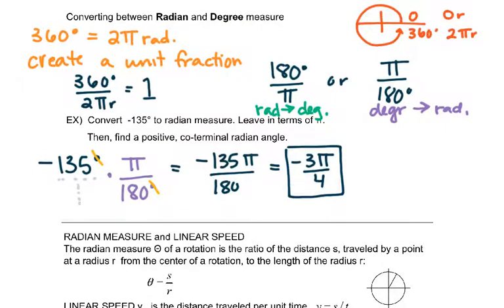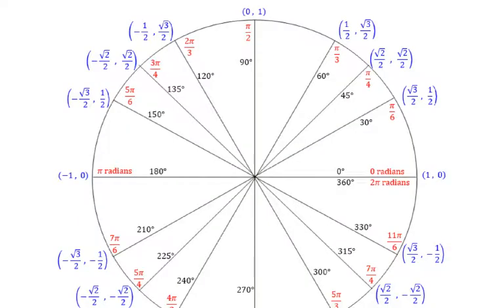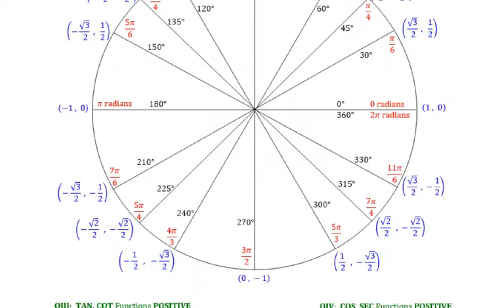So what we have is an equivalent radian measure for this given degree measurement. And if we disregard the negative and we go back to our unit circle and we think about 135 degrees, there is 3 pi over 4. So 135 and 3 pi over 4 are the same measure. This works for any measure, even values that aren't on the unit circle.